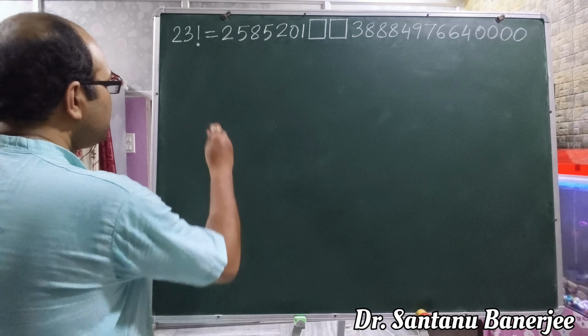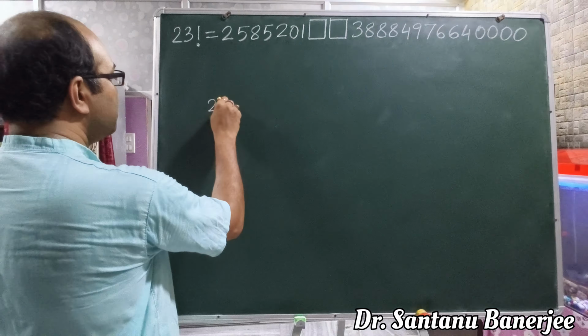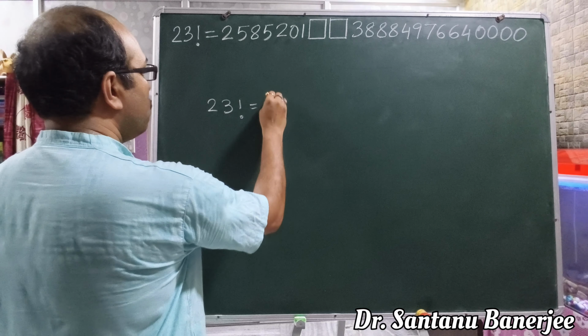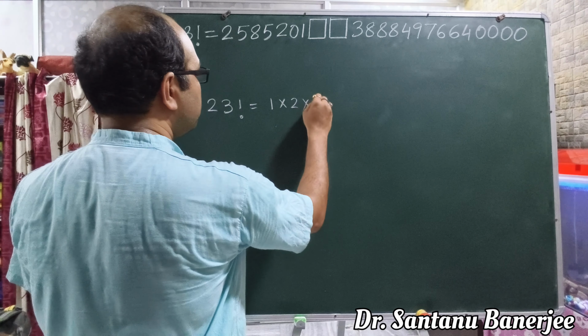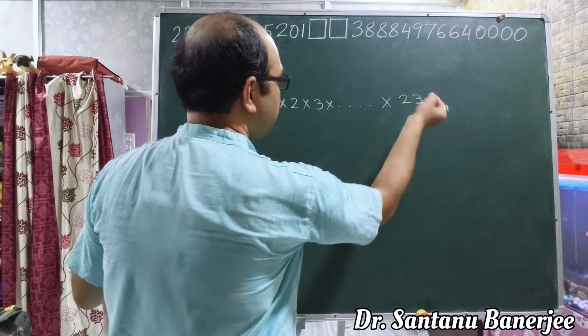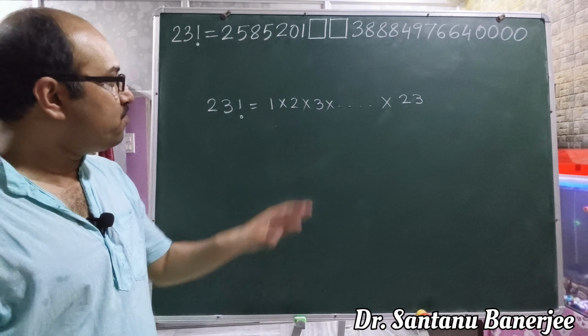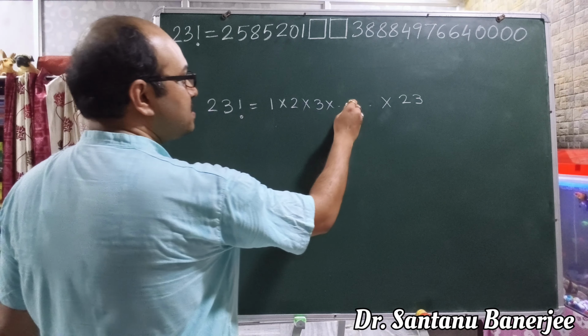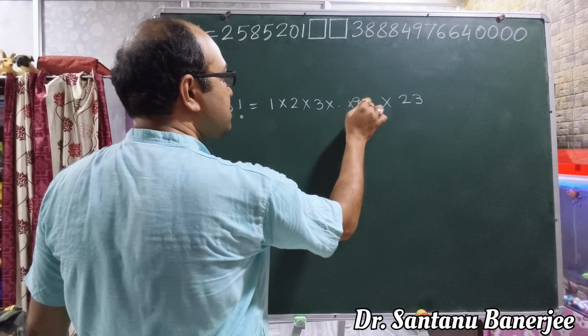Here, 23 factorial means 1 into 2 into 3 and so on till 23. Now somewhere you will have a multiplication of 9.